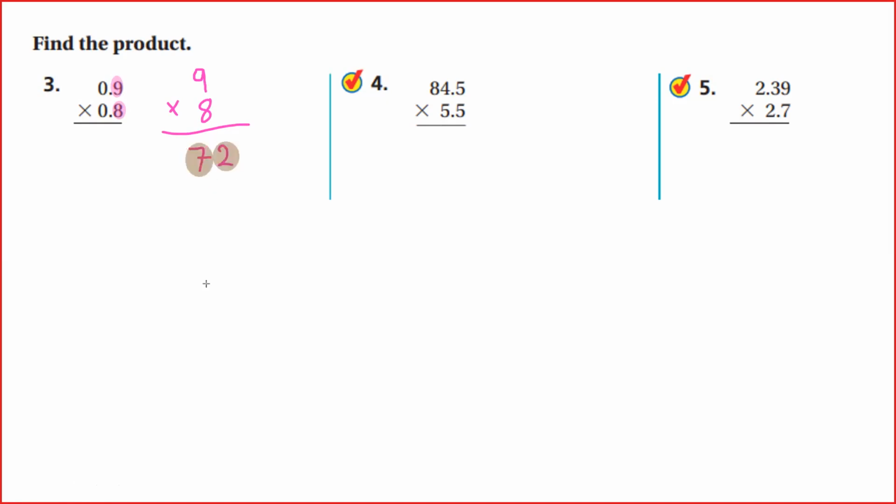So where you have to put the decimal point? Here. And since you put it at the end, you have to add 0. So 0.9 times 0.8 is going to be 0.72.